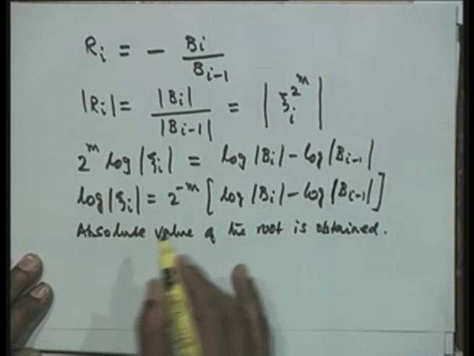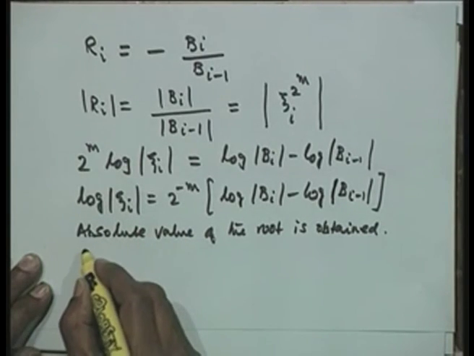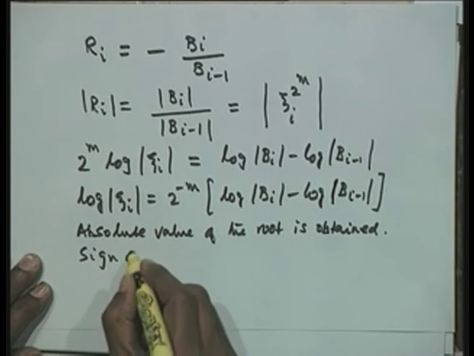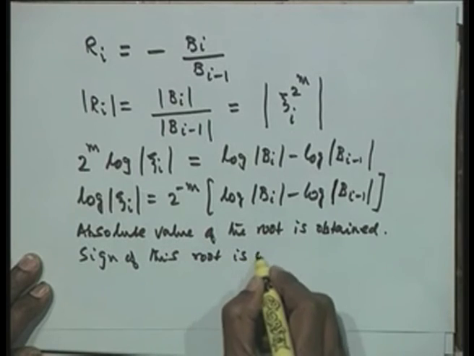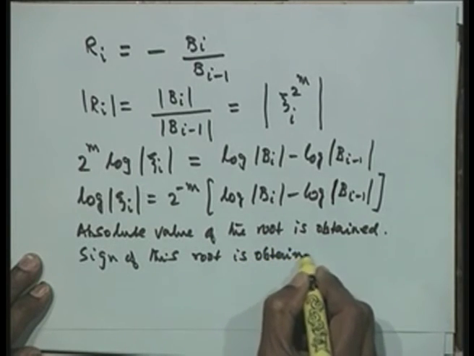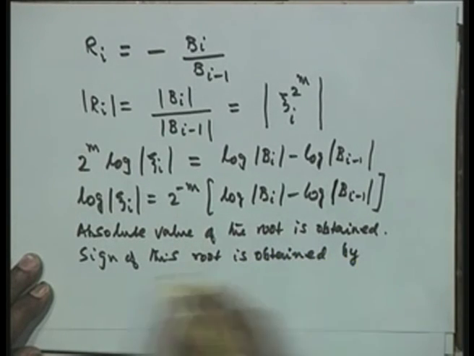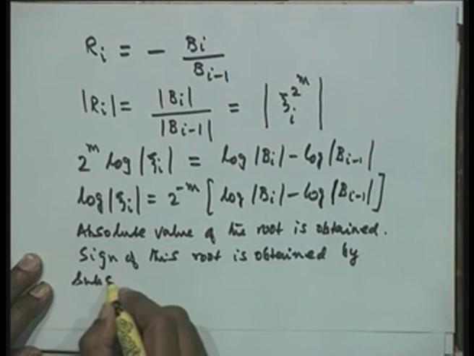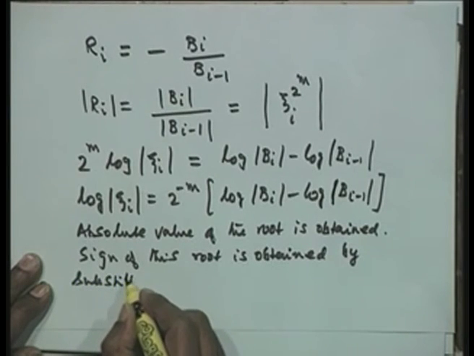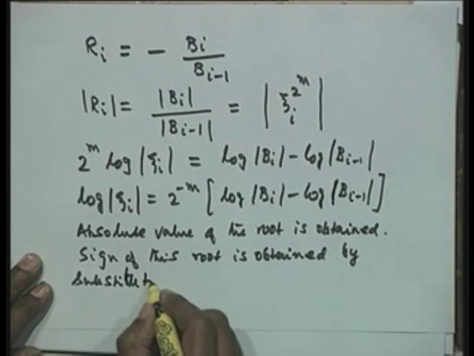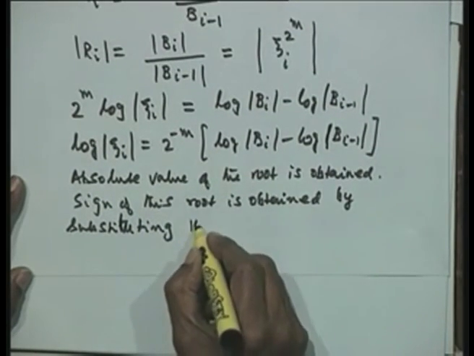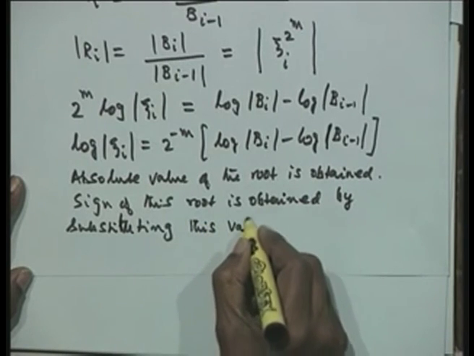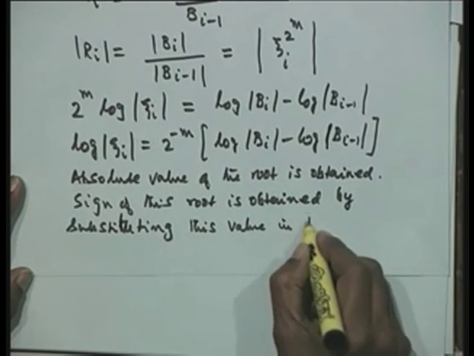The sign of this root is obtained by substituting this value in the given equation, Pn(x).